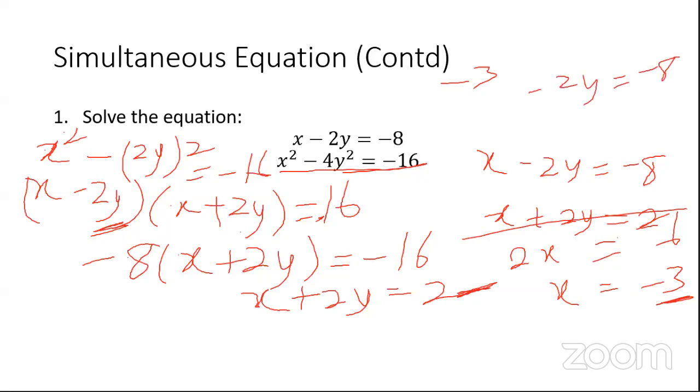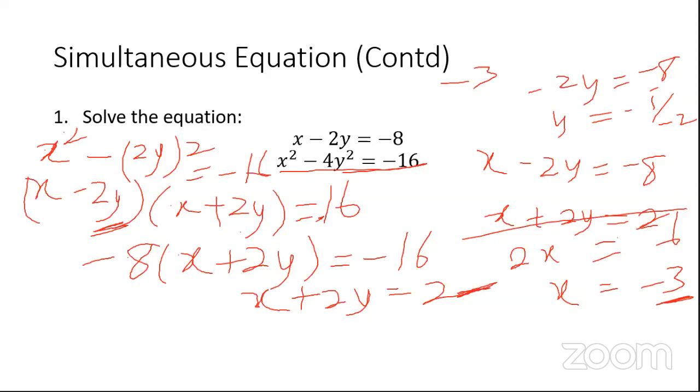So with that, I have minus 2y equals minus 8 plus 3, because the minus 3 goes to the other side. That's minus 5. Divide both sides by minus 2, my y will be equal to minus 5 over minus 2. So my y is 2.5, and my x is minus 3.